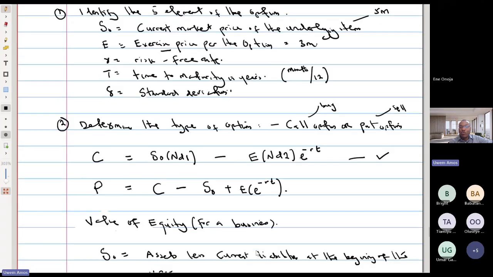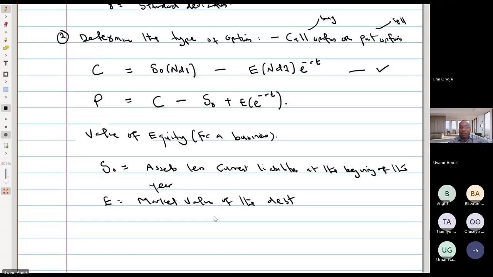You're just going to pay those you are owing, which is the exercise price. Once you pay your debtors the amount you owe them, it gives you full control over your business, because nobody is laying claim to any of your assets. All of your debtors have been settled. That is why the market value of the debt is rightly called the exercise price, because that is the amount you need to pay to have full control over your asset.